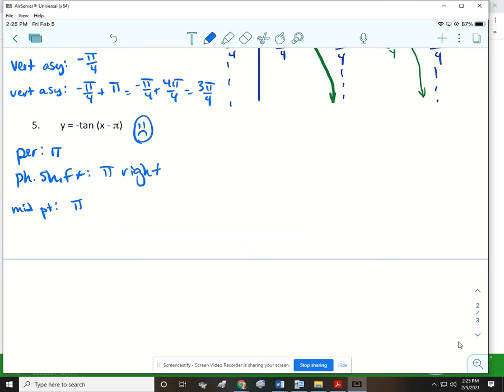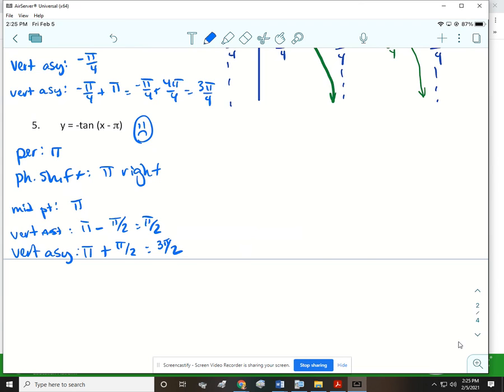And then that means my vertical asymptote on the left is going to be pi minus half a period, which is pi over 2. And my vertical asymptote on the right is pi plus half a period, which is 3 pi over 2.